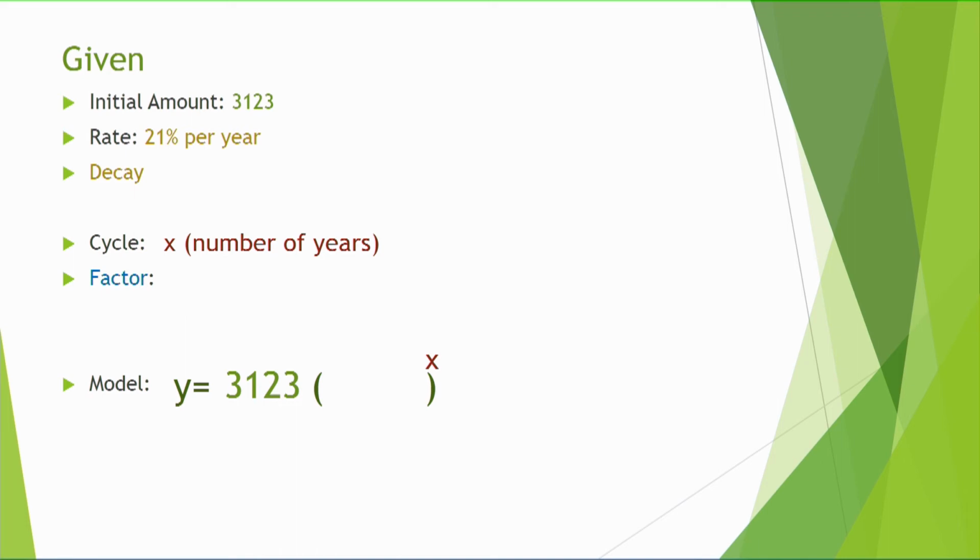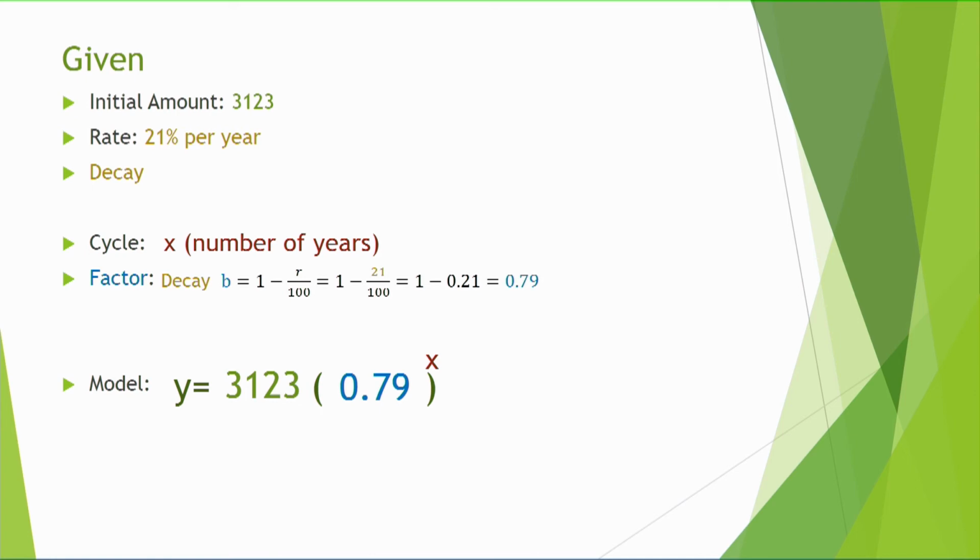And then we're going to use the rate and whether it's decay or growth to figure out our factor. So we know that b is going to be 1 minus r over 100. So we're going to take 1 minus 0.21, and we're going to get 0.79. And we're just going to plug that into where our parentheses are, because that's what's getting affected by the times that we are going through the cycle.